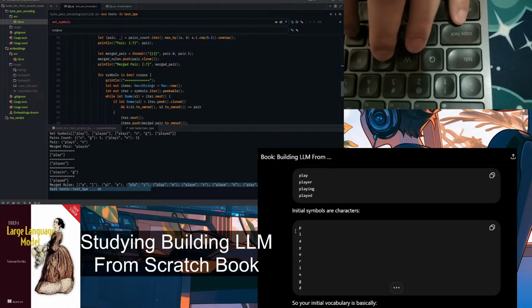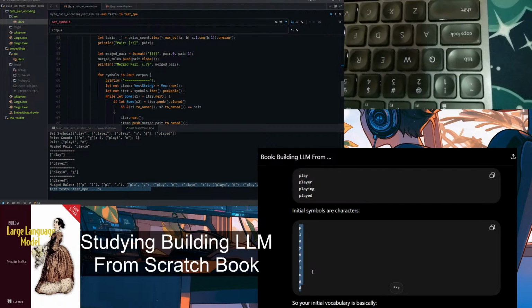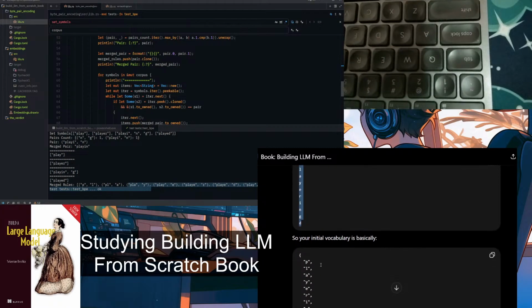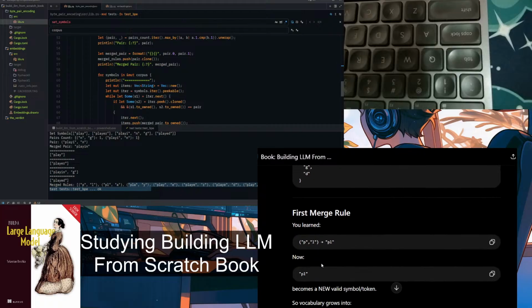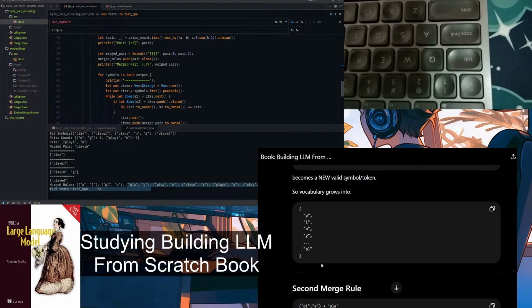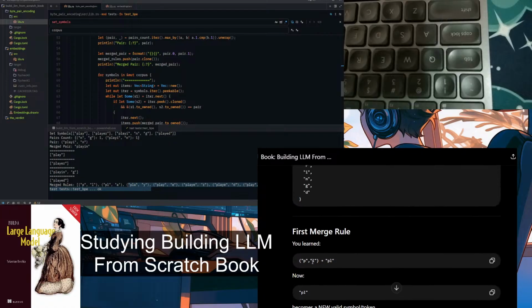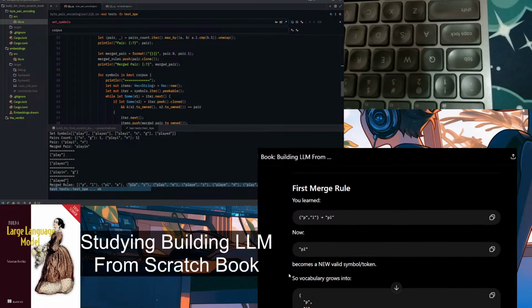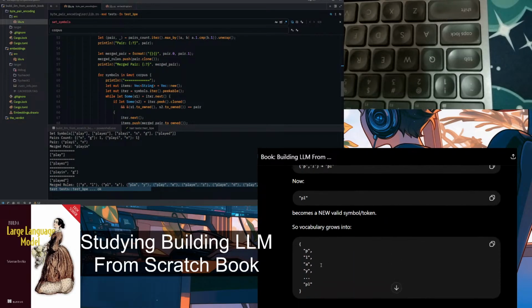Corpus, initial symbols or characters. Pwede na sila, so meaning it can be joined. So learn merge rules.